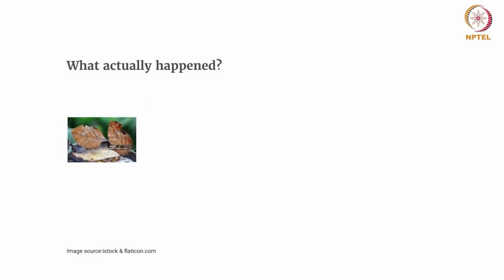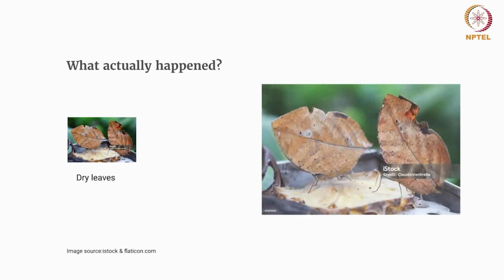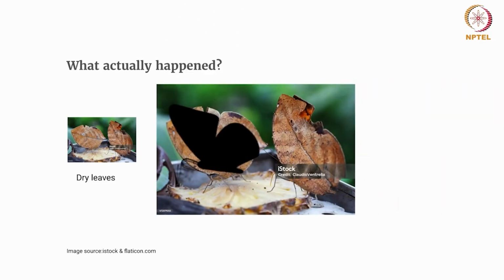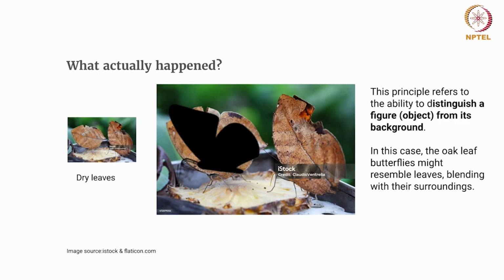So let's see what actually happened. Initially your brain perceived it as two dried leaves, and the moment we zoomed in, you can sense the anatomy of a butterfly. Now your brain is associating the overall leaves with another thing, which is an insect. The principle refers to the ability to distinguish a figure, the object, from its background.